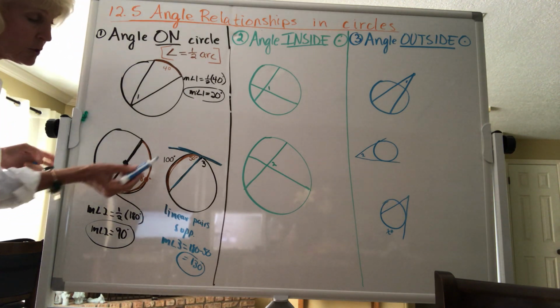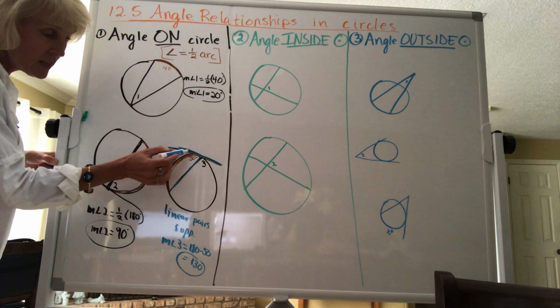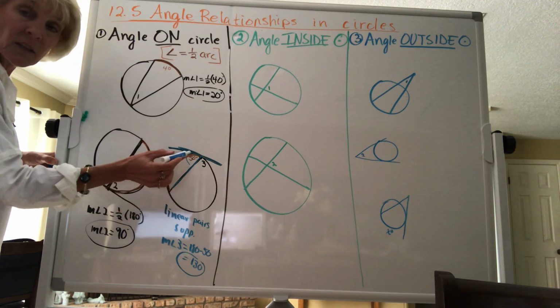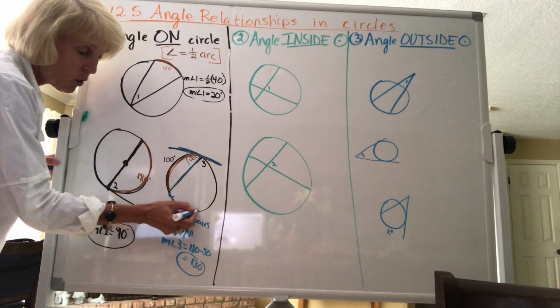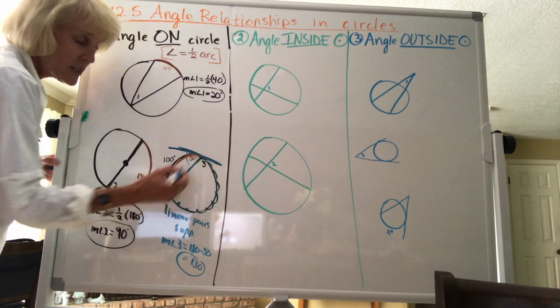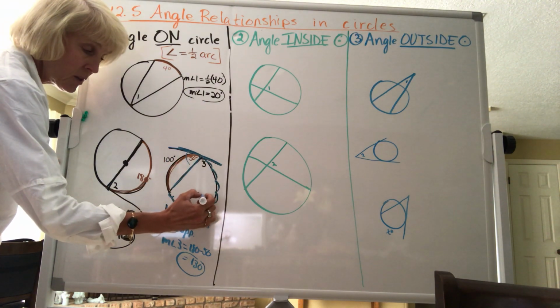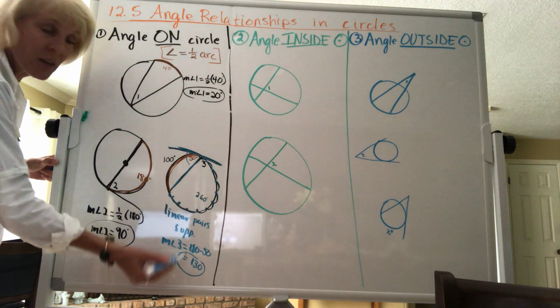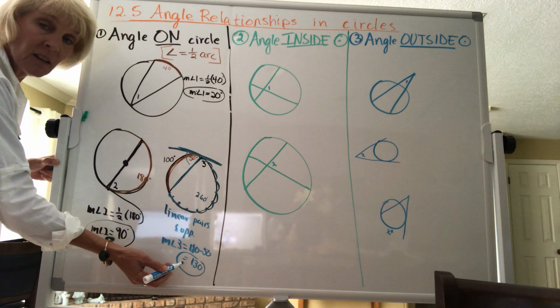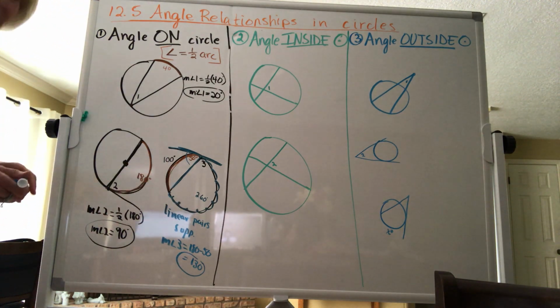So what you could do is you could find the angle that is the intercepted arc on this, or you could say, well, if this is 100, then this whole arc would be 360 minus 100, or 260 degrees. Well, isn't that the same? Half of 260. So there's going to be some review in that, and that doesn't matter.